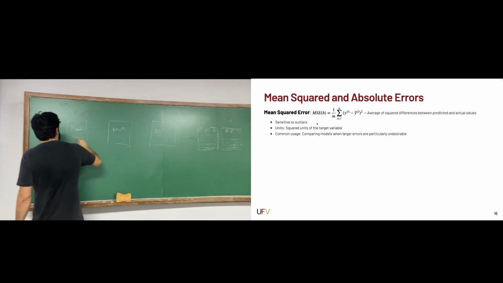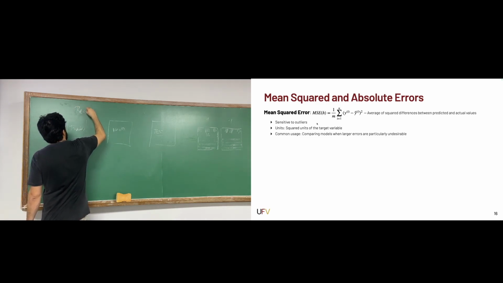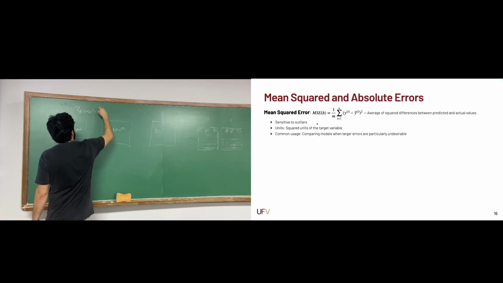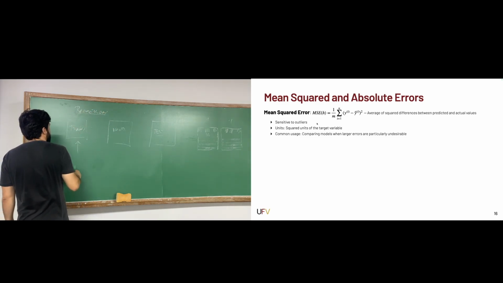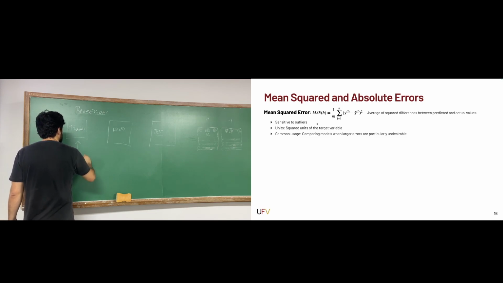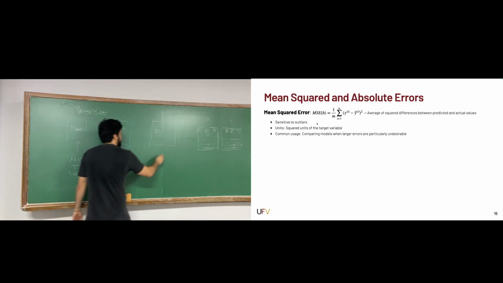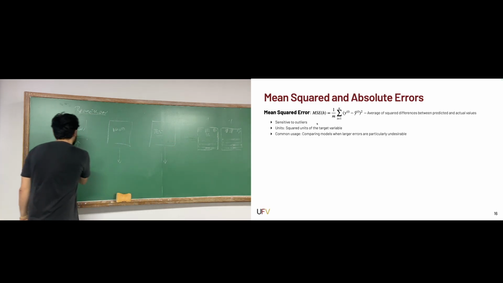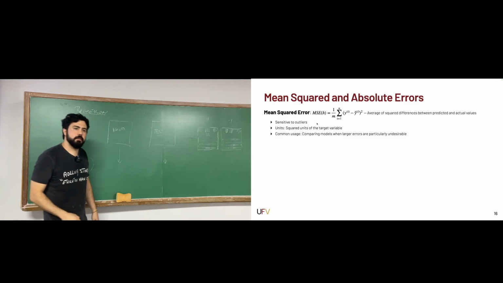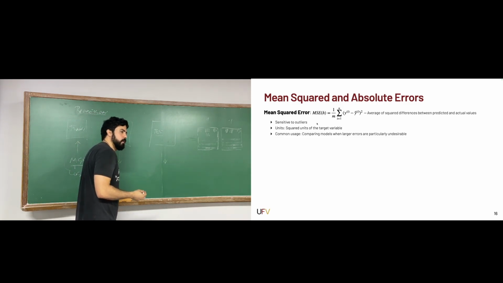Here for training, and this is a regression problem, in your train step, you would probably use mean squared error for the loss function. But here and here, you don't need to report this metric. You can report it if you want, but you can report different metrics.